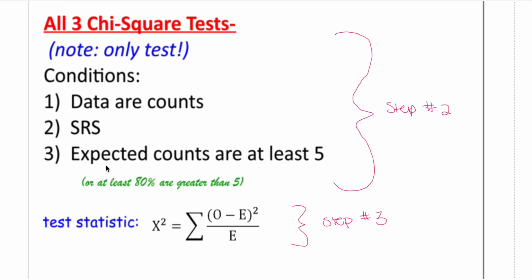Third condition is expected counts are at least 5, or at least 80% greater than 5. The test statistic formula we're using is chi-square equals the summation of observed minus expected quantity squared over expected. This will go into step 3. And those condition checking will go into step 2.